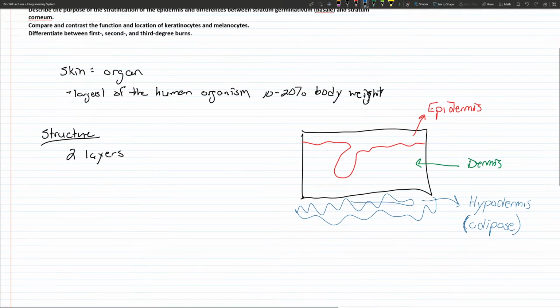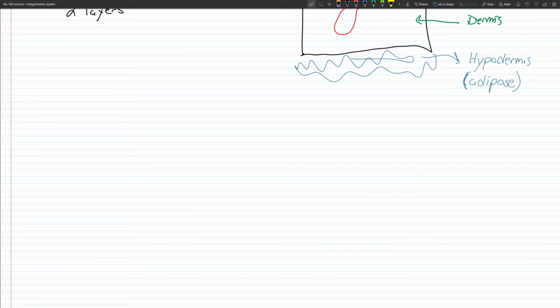So let's begin. Epidermis. Okay, it is the outer layer of skin. That's it.